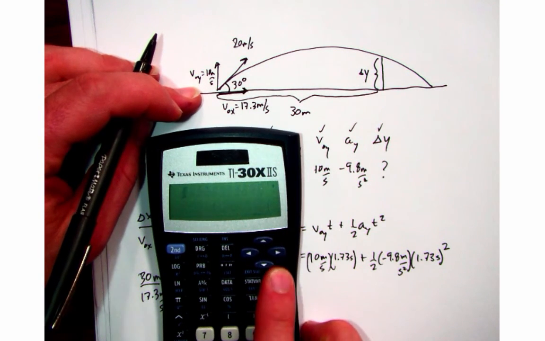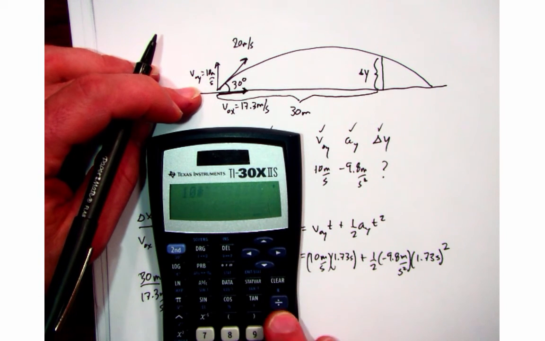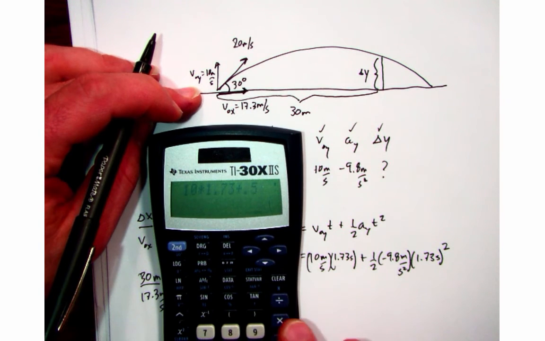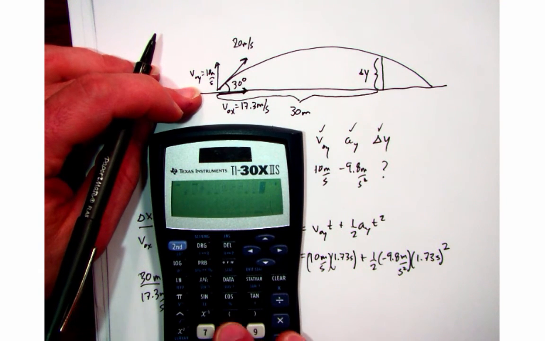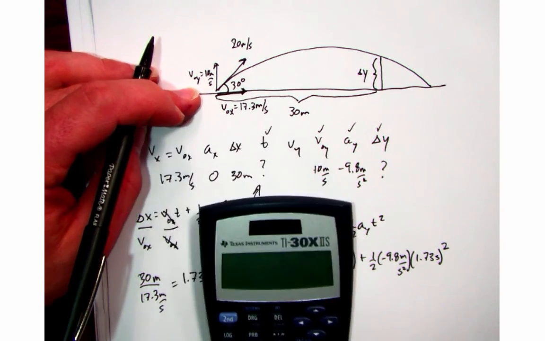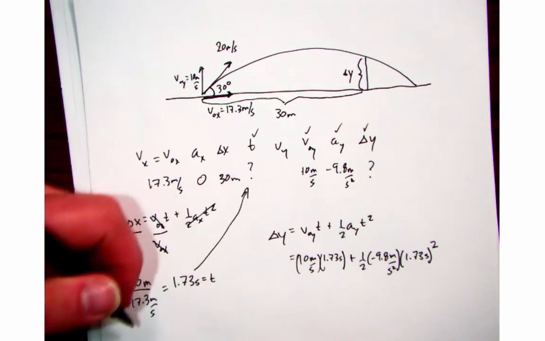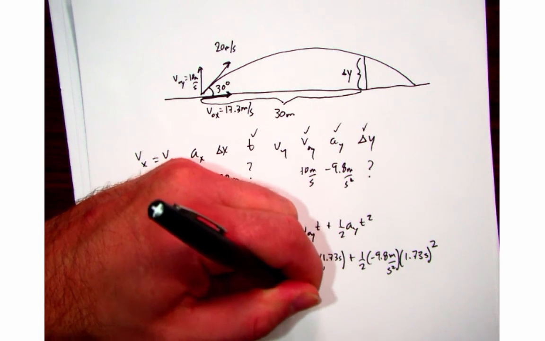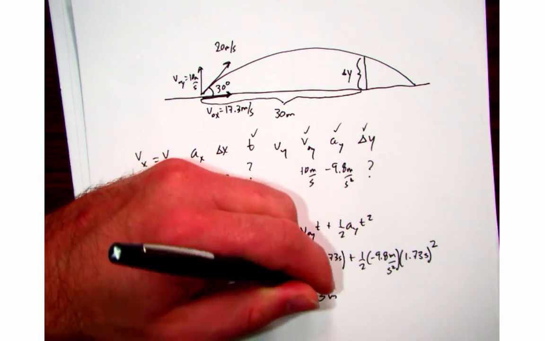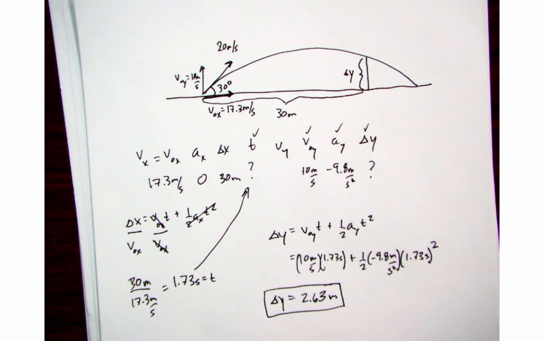Let's try that again. 10 times 1.73 plus 0.5 times negative 9.8 times 1.73 squared equals 2.63 meters. And there you have it.